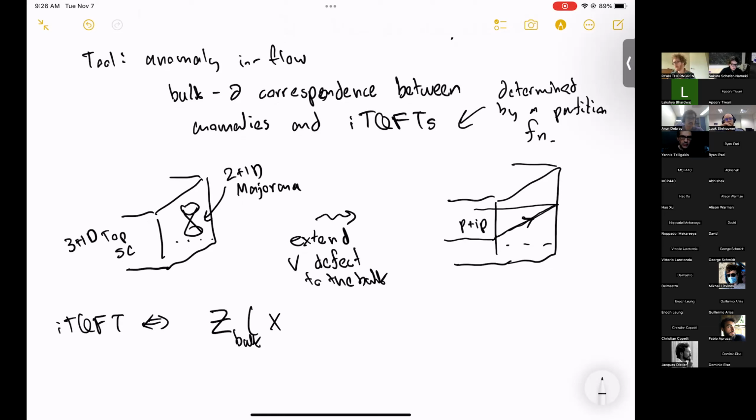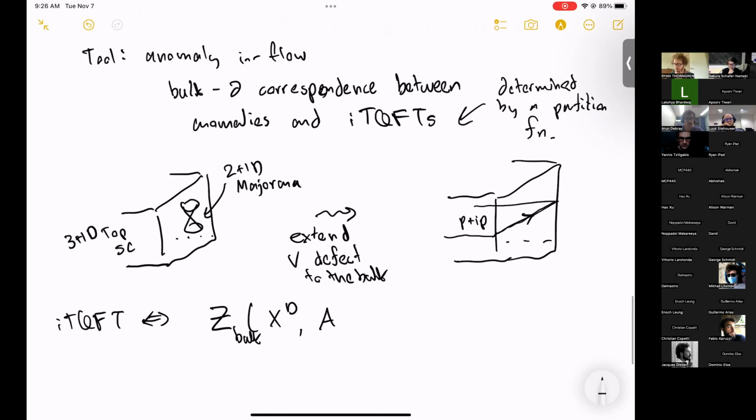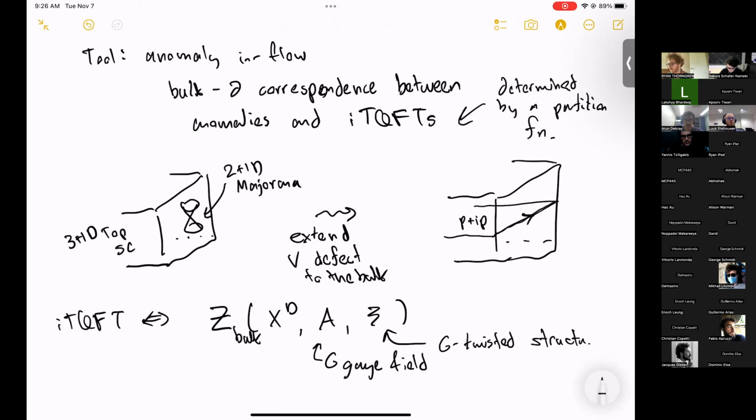So the invertible TQFT will be determined by a partition function, which takes values on closed D-dimensional spaces equipped with, say, a G gauge field and some kind of G-twisted tangent structure, such as a spin structure.